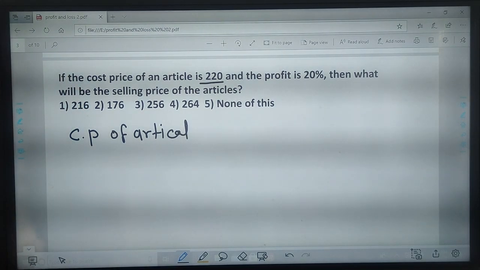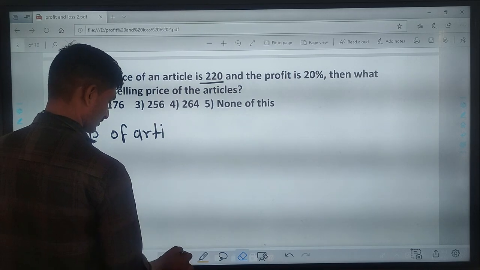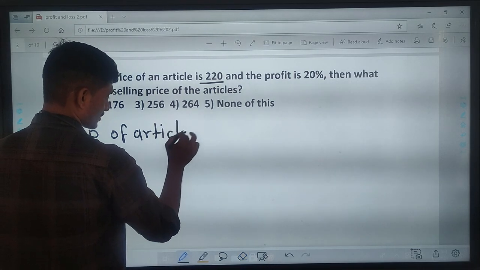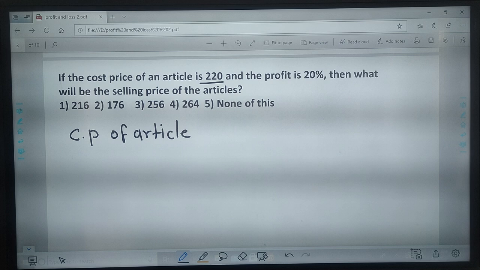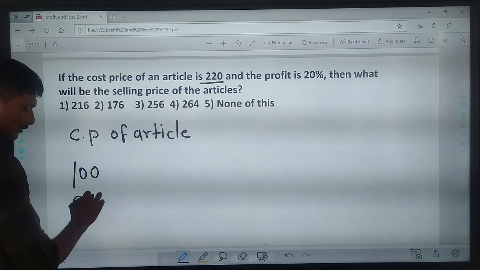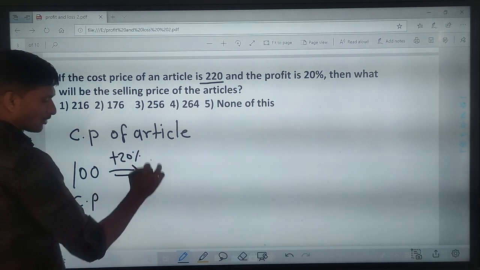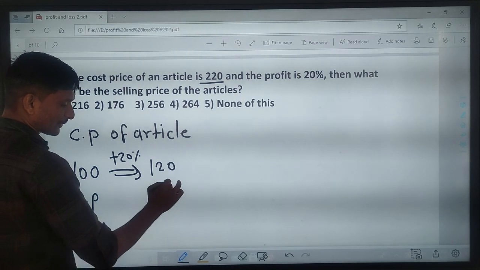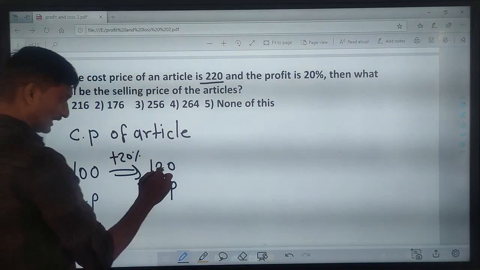Here CP of article is 220 rupees. If profit is 20%, now here your cost price is 100 rupees. Then profit given 20%, now selling price is 120 rupees.